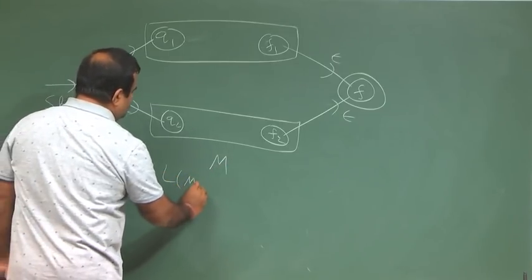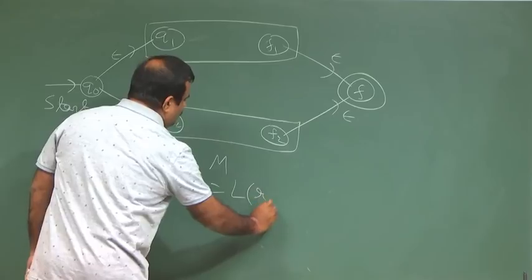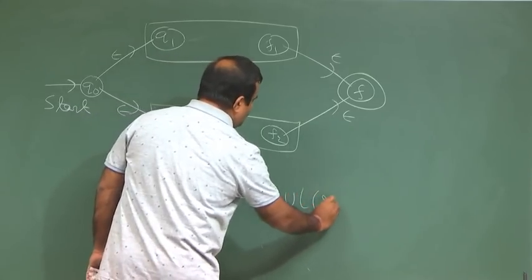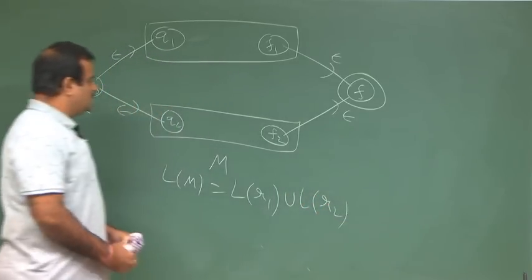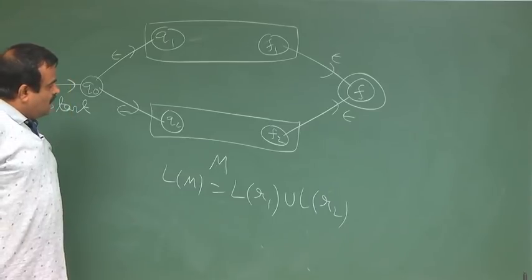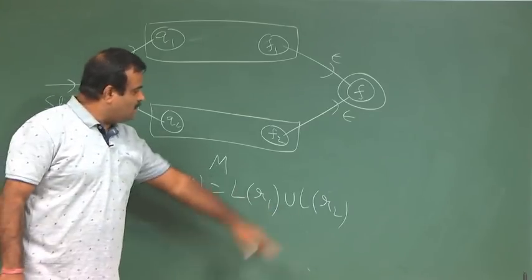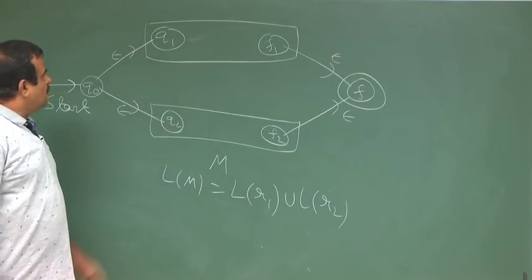So, L of M is nothing but L of R1 union L of R2. How to show this?